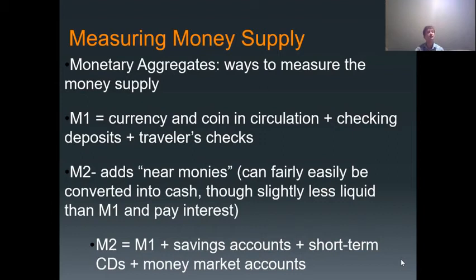Now, a note on this is that this is what's currently in our curriculum. However, due to changes in the rules not too long ago, savings accounts are essentially treated the same as checking accounts by the Fed, and therefore a lot of money has been transferred and redefined out of savings accounts as M1.